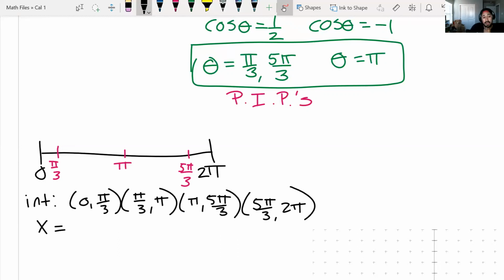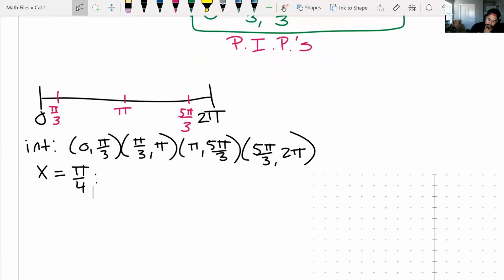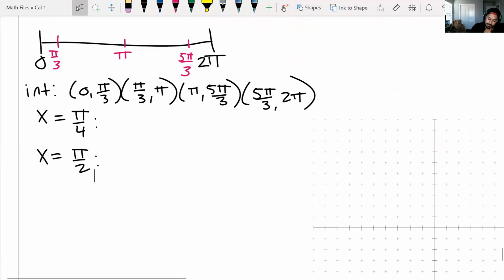From 0 to pi over 3, what fits in there? Pi over 4 does. From pi over 3 to pi, we can do pi over 2. From pi to 5 pi over 3, we can do 3 pi over 2.